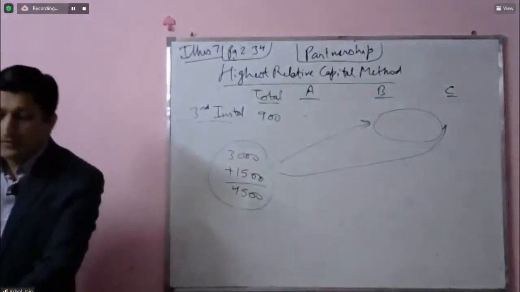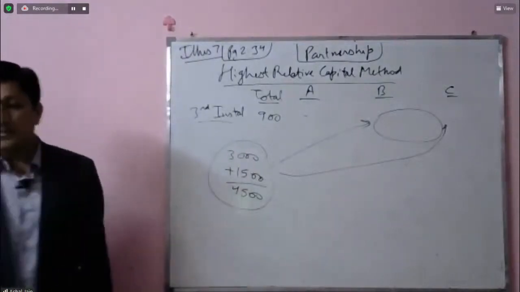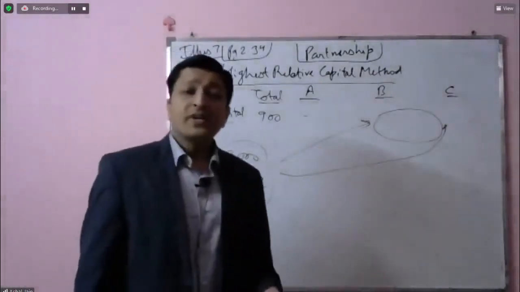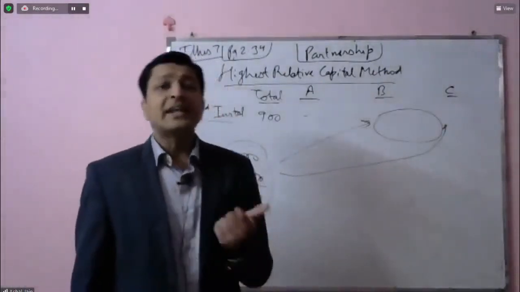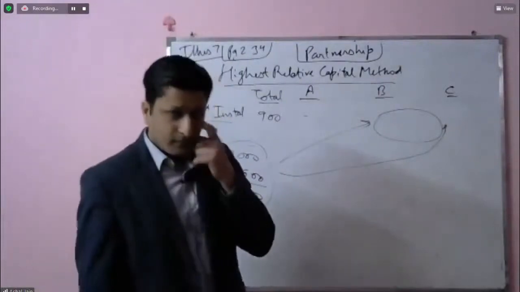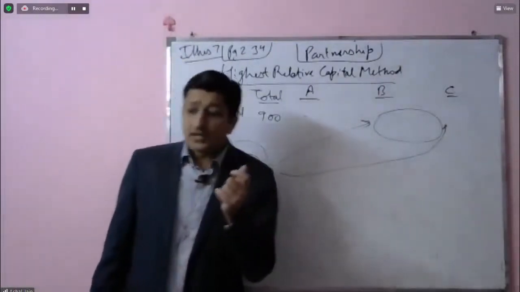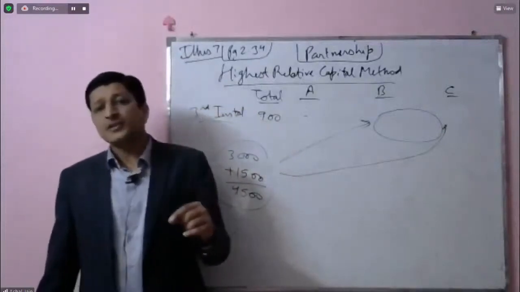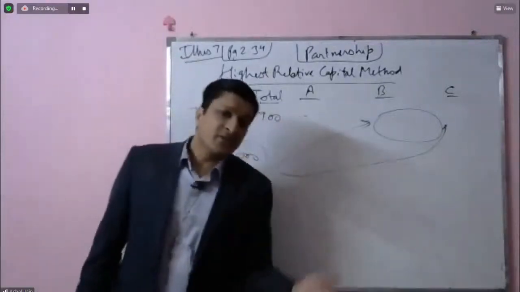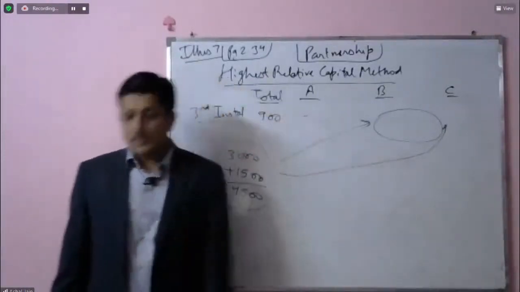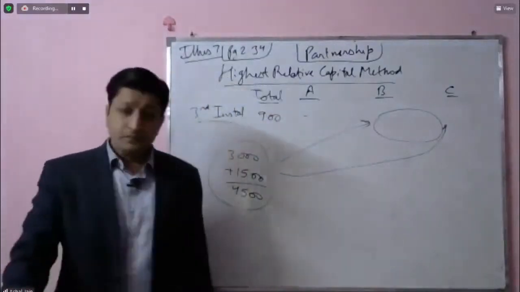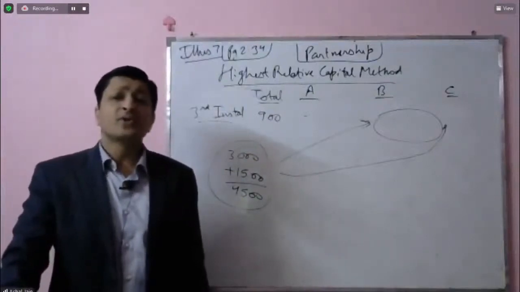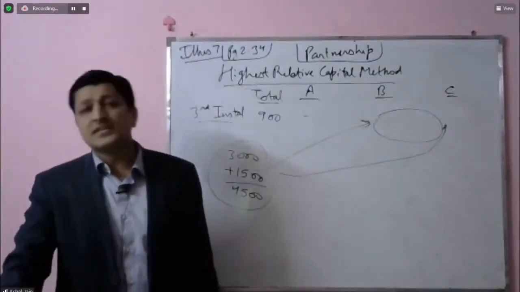Kostav is saying, sir, why we have taken A's capital as the base? Because when we computed the relative capital, when we divided the actual capitals by profit sharing ratio, it was least for A. So that's why it's been kept as basis. Because only then we will be able to understand which partners have contributed in excess of their capital.